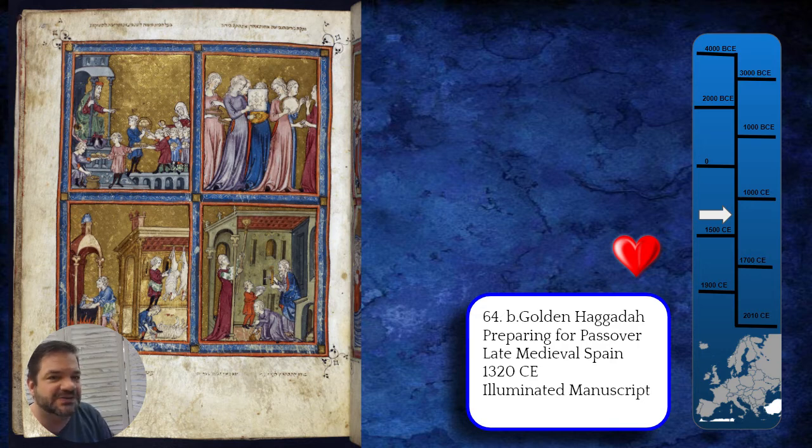You clean out the whole house. And this is the origin of spring cleaning, by the way. You look for all the little pieces of crumbs. You've got to get rid of all your yeast products, because you have to eat unleavened bread at Passover, because that's what they did.